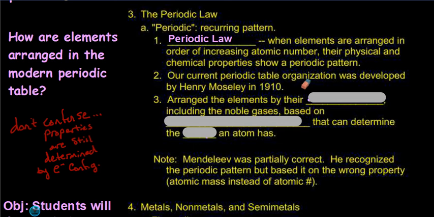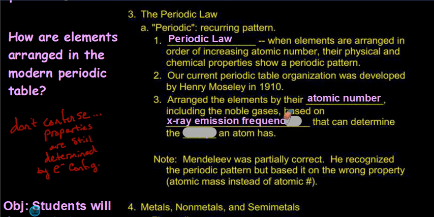And so he arranged the elements by their atomic number, including the noble gases, based on X-ray emission frequencies. And these are just like the bright line spectra, except they are in the X-ray range, and these can determine the amount of protons an atom has. Now mind you, Mendeleev was partially correct.